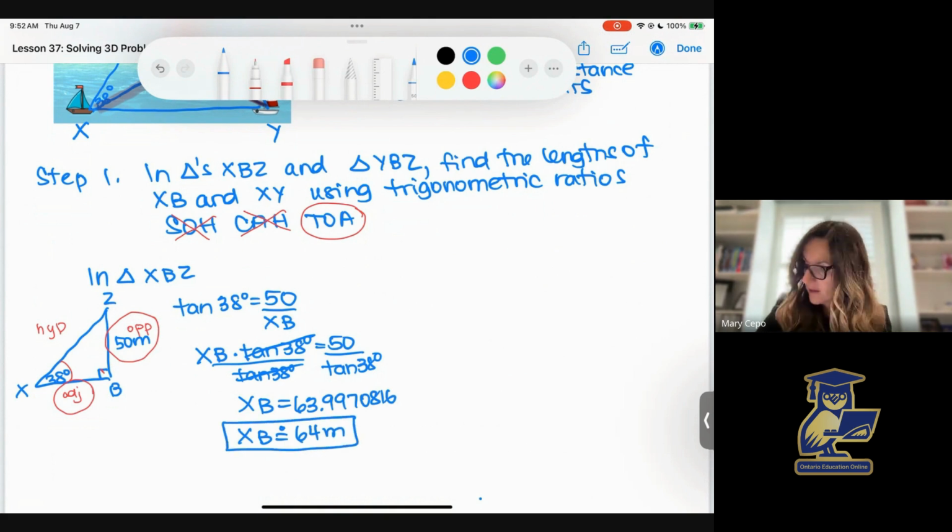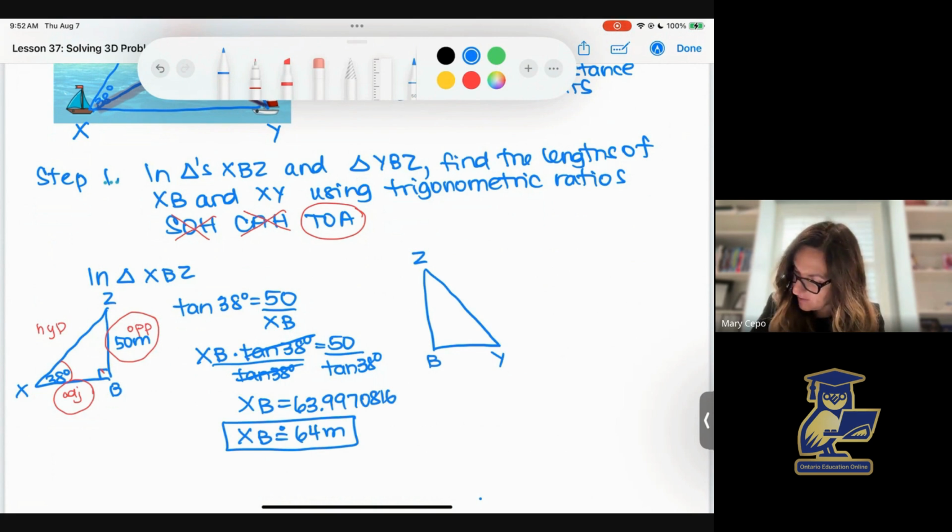Once they're doing the exact same thing again, it's always great to have that visual. So it'd be BYZ. And this time the angle of elevation happens to be 35 because the angle of depression was 35. And the height here we know is 50 meters. And we need XY.